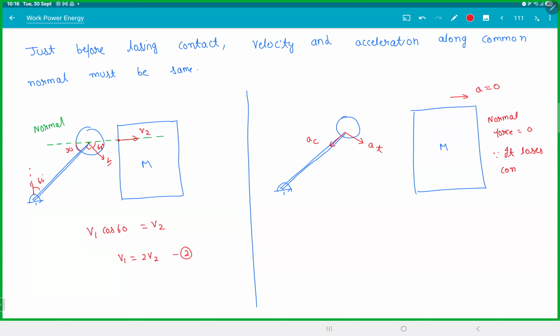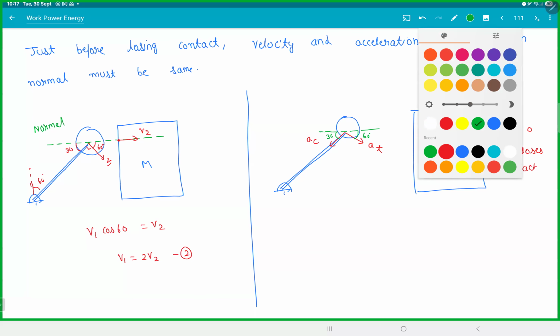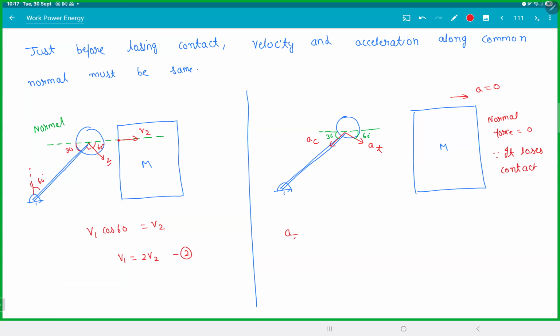So when it is about to lose contact, N is becoming zero. That means this sphere also will have a zero acceleration in the horizontal direction. This is 30 degrees and this is 60 degrees. That means a tangential cos 60 minus a centripetal cos 30 must be equal to 0. A centripetal is V square by R, and what about a tangential?